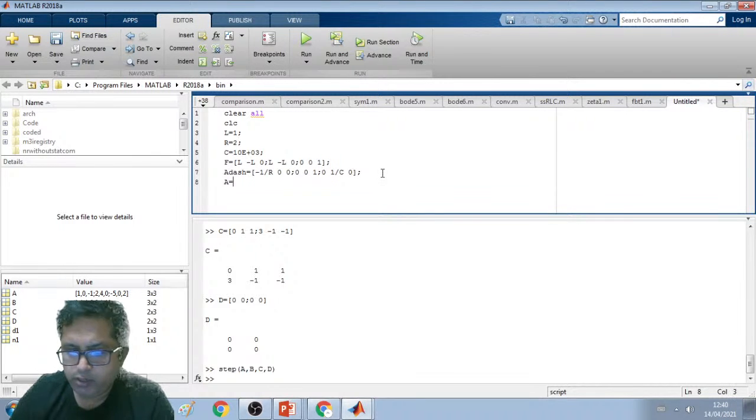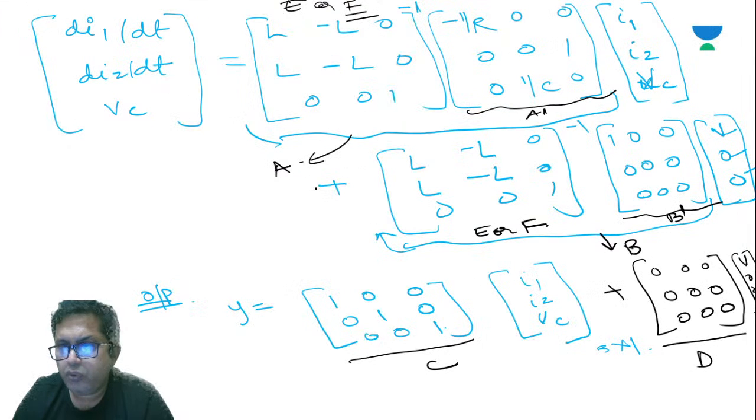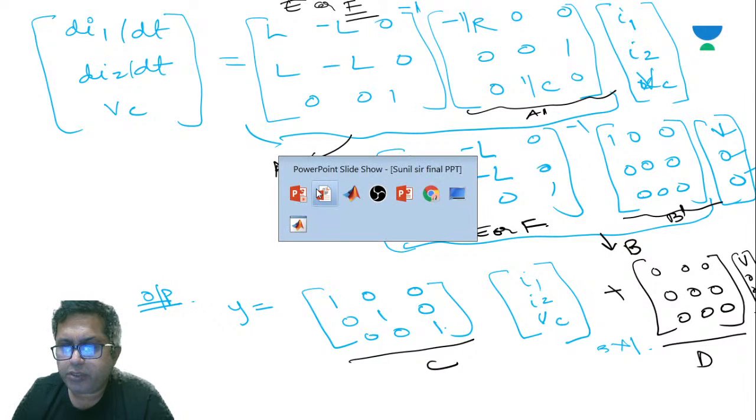A matrix is equal to inverse F star A dash. Okay, this is the A matrix. Now we'll go to the B dash matrix.